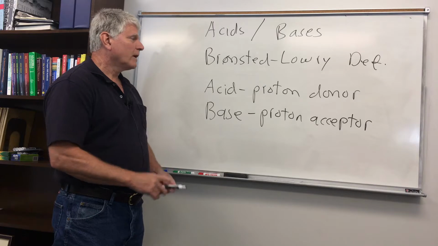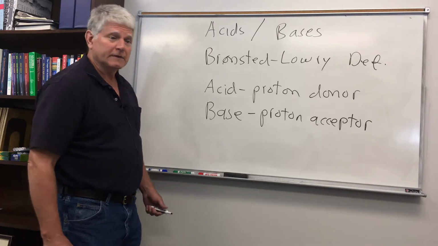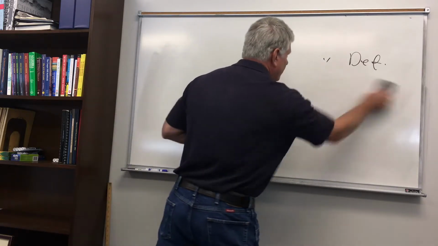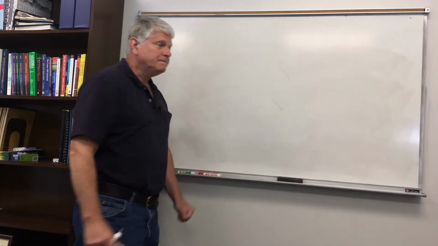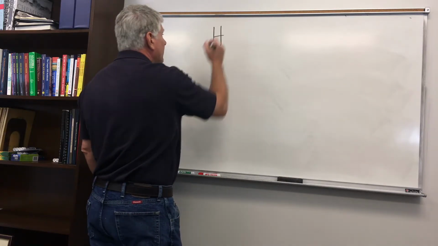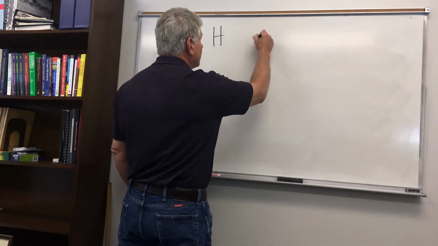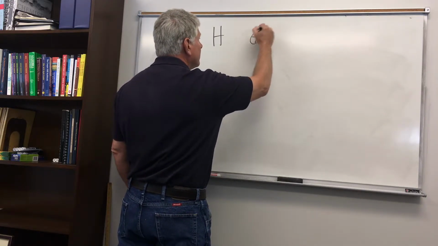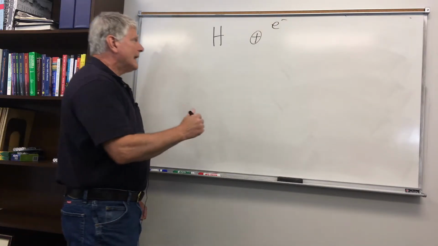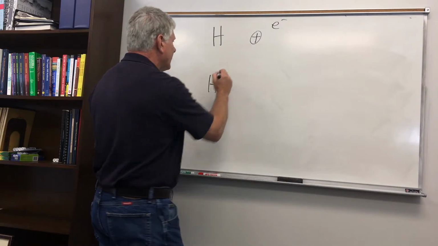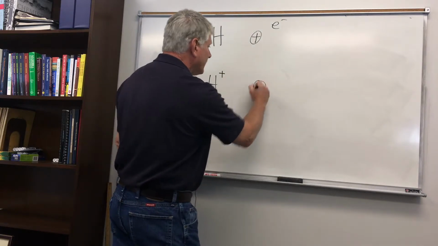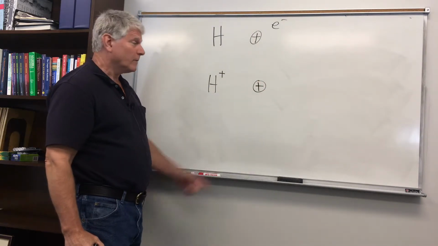So let's do a couple of examples to illustrate this definition. First, what do we mean by a proton? Well, if you remember the hydrogen atom, it exists as a proton in the nucleus and an electron outside of the nucleus. So if we take the electron away and form the hydrogen plus ion, all we have is a proton from the nucleus.